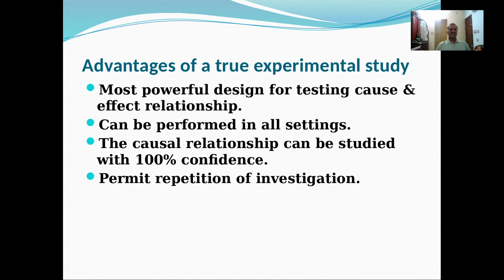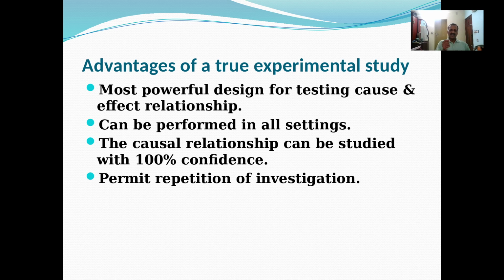Then the third one is that the causal relationship can be studied with 100% confidence. And again, it permits a repetition of investigation because this is conducted under ideal conditions.